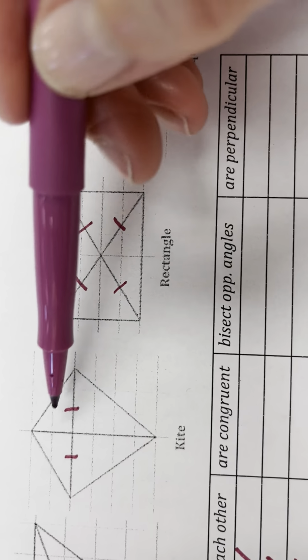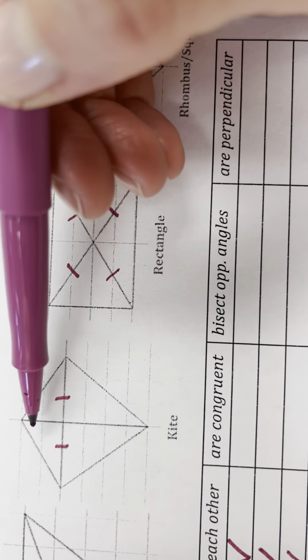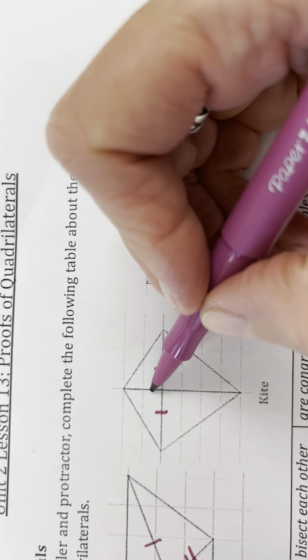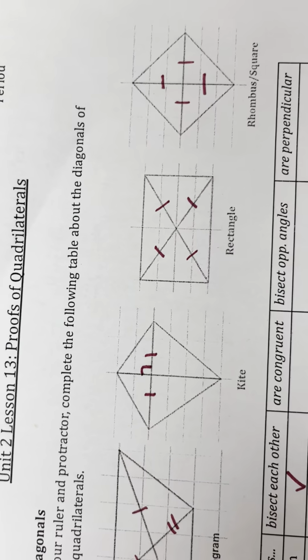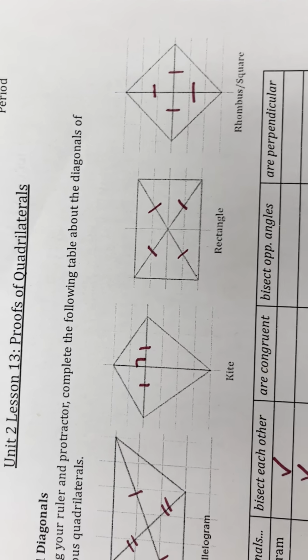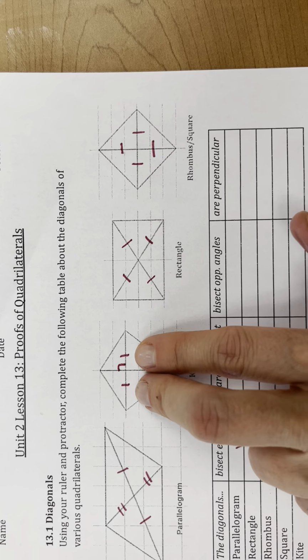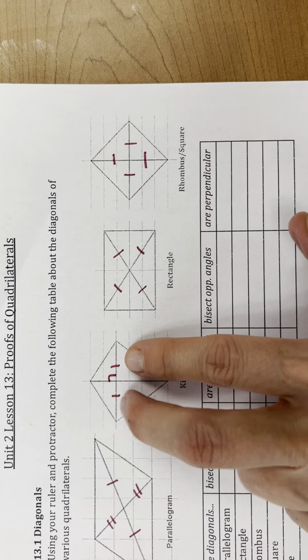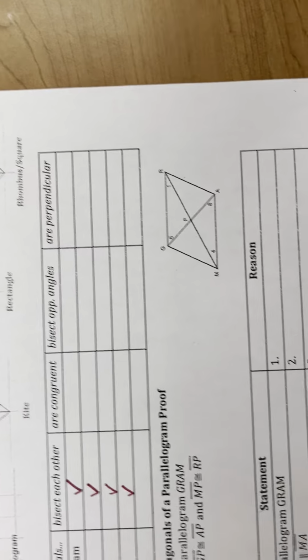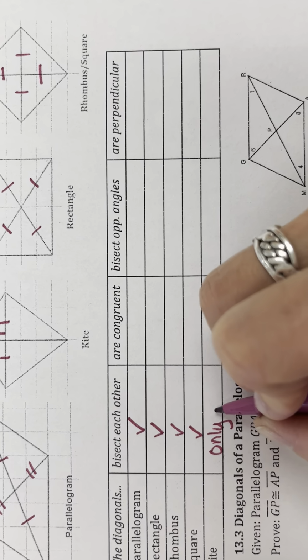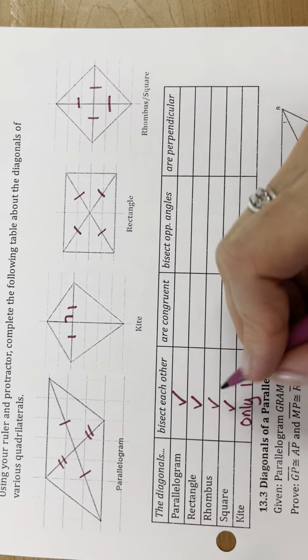All right, so going back to the picture, this diagonal right here is the perpendicular bisector of the other. So we can put a right angle in there. So that means these two are congruent. This diagonal gets cut into two congruent pieces. Okay, so on this we have to put only one diagonal.